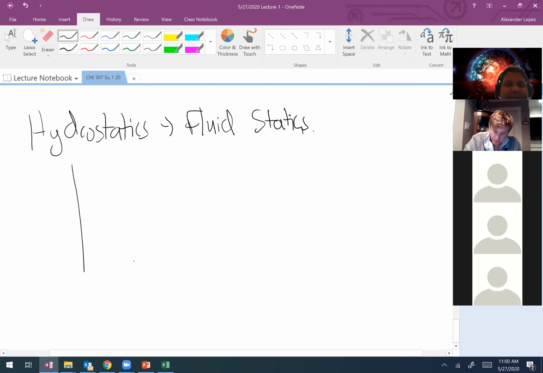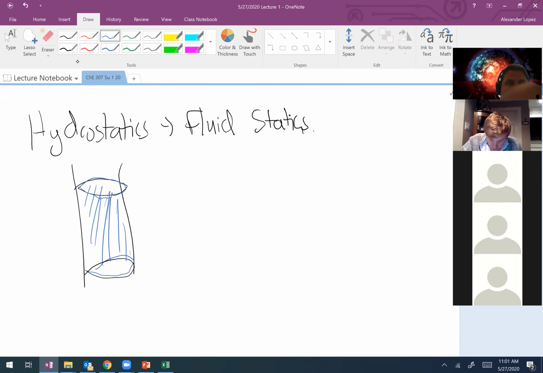If I have a column of a fluid, it looks like this. Here we can make it blue because water. Okay. I got a column of liquid.